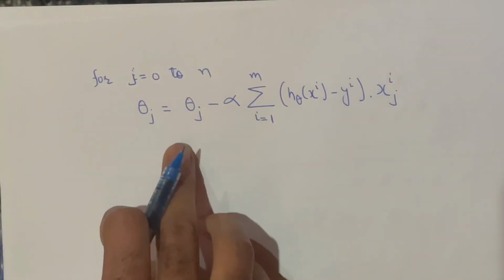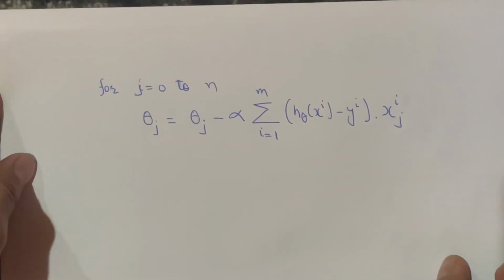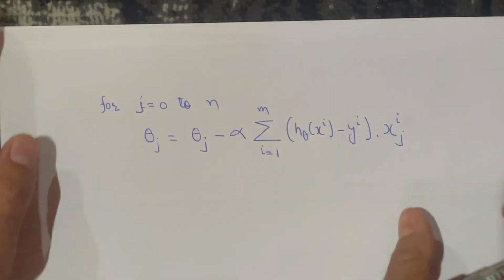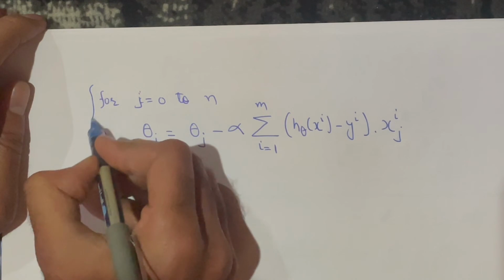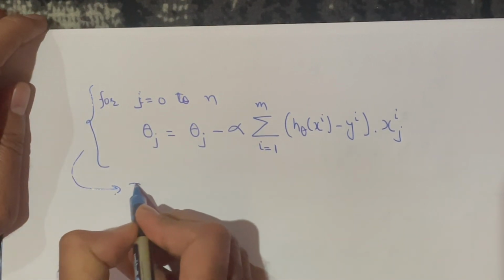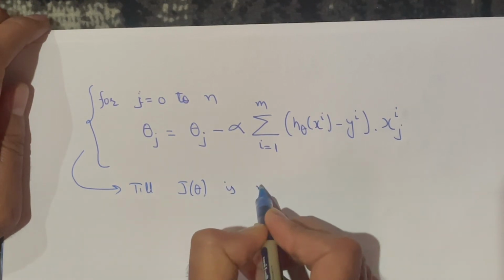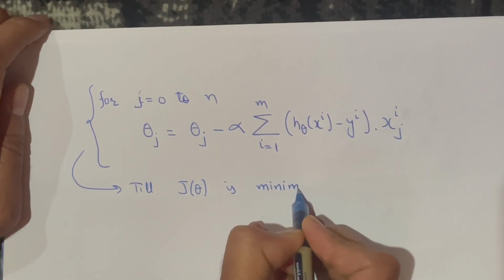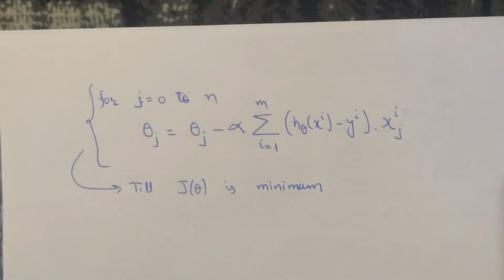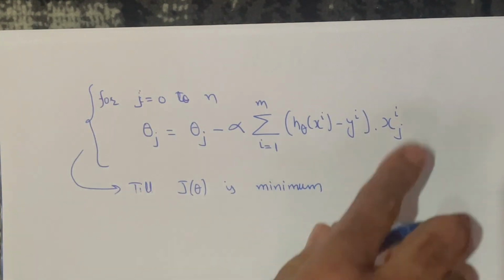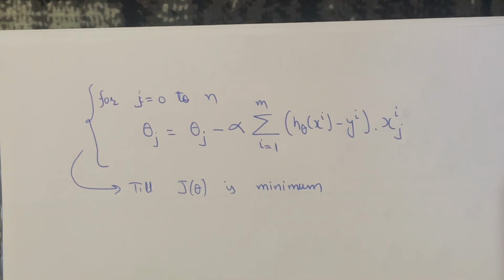So we have to do these updates repeatedly, till j theta is minimum. But how do we know that we have reached the minimum point? How will we stop, or what is the stopping criteria in this scenario?